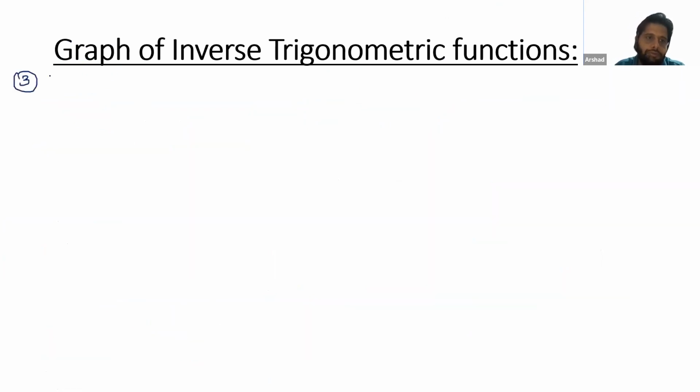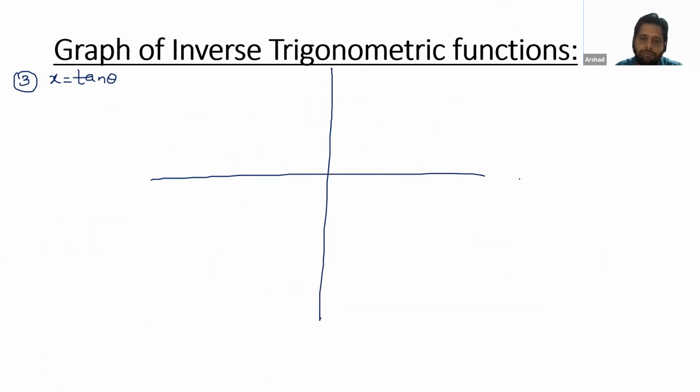Next is the third one. x is equal to tan theta. First of all, we will draw the graph of tan. Okay, this is 0. Then here you have pi by 2.